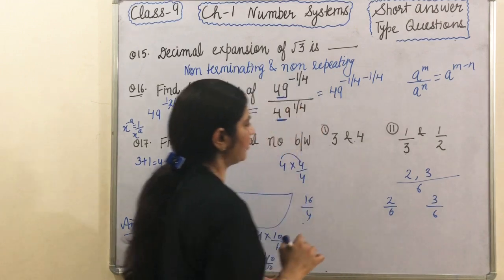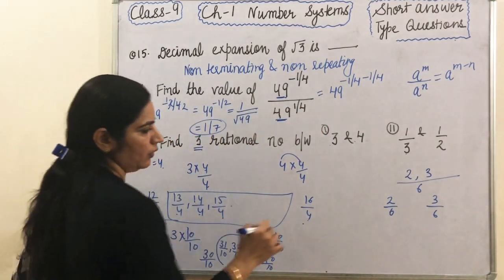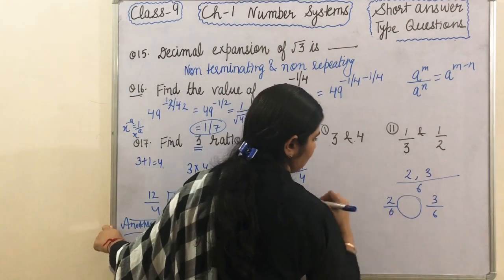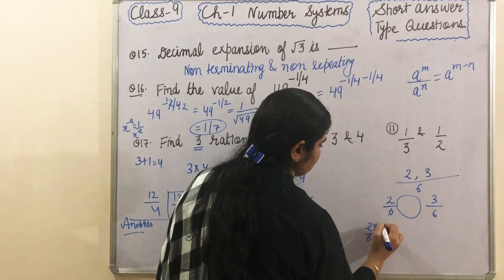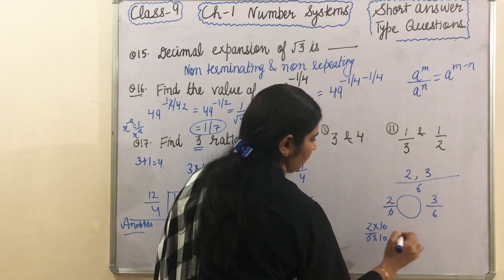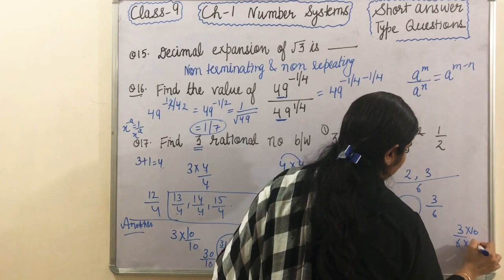Both are like terms. And how many numbers are required? 3 are required. So we can simply multiply and divide 2 by 6 by 10, and the second number also by 10.